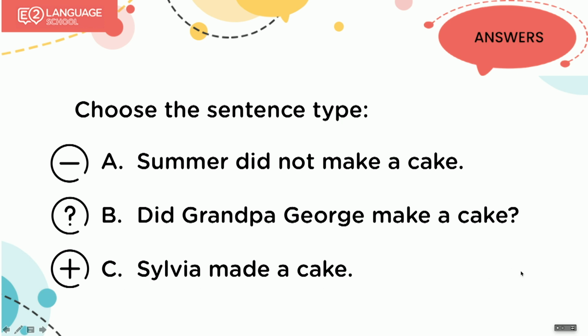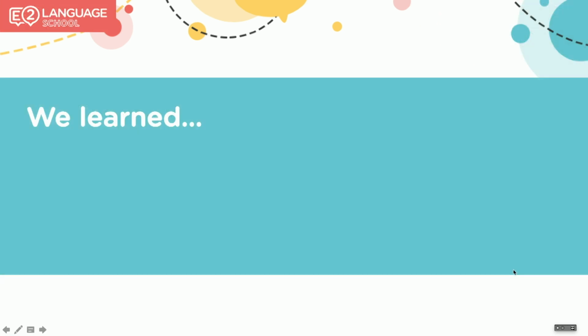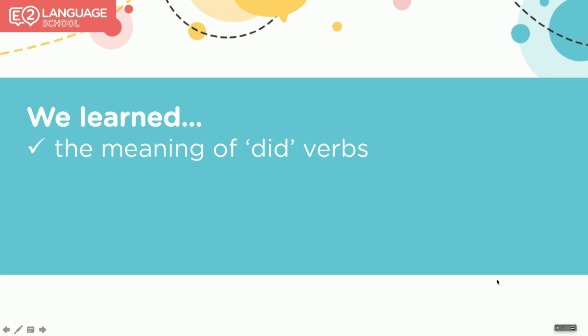Sylvia made a cake. Okay, what did we learn in this lesson? Well, we learned the past tense and the meaning of did verbs. Remember the meaning? It's just referring to an action that happened and is finished in the past. Something happened in the past and it's finished, it's over. I went to the shop yesterday.